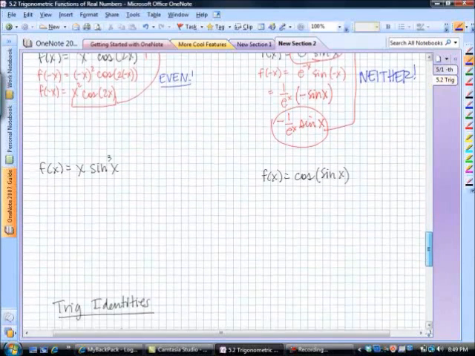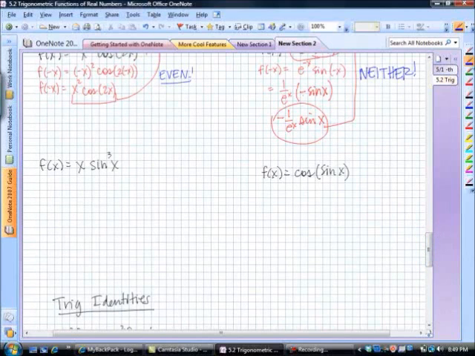Okay, so now let's look at f of x equals x sine cubed x. So we'll plug negative x in. So we get negative x times sine. Whenever you see an exponent over a trig function and it's before the variable like this, that's basically the same thing as saying sine x cubed.